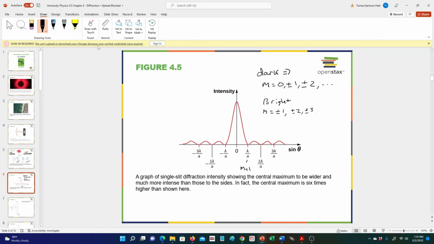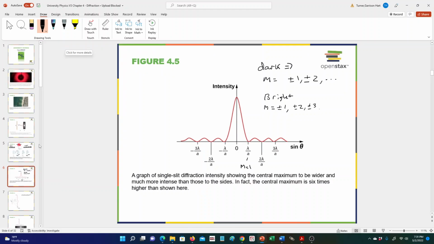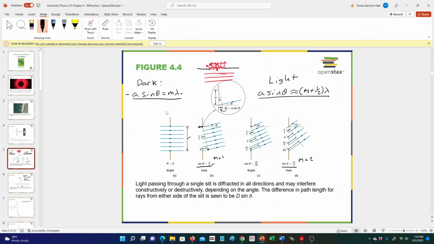So you will get a bright intensity when m is equal to 0. I guess we really should erase that part. So your central maximum is still going to be when m is equal to 0, and you'll use this with m equals 0 for the central bright fringe.